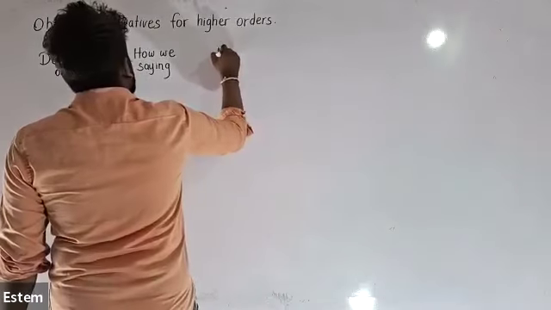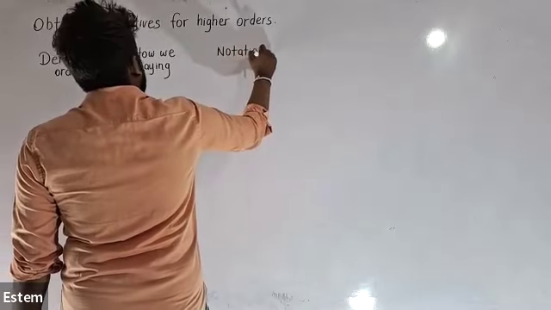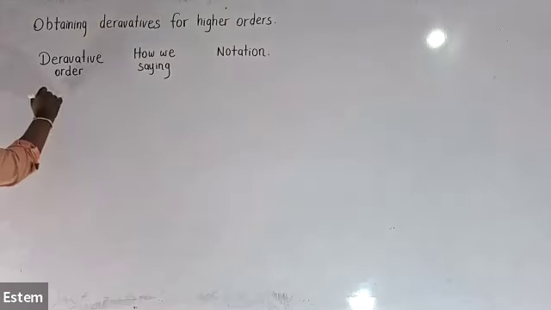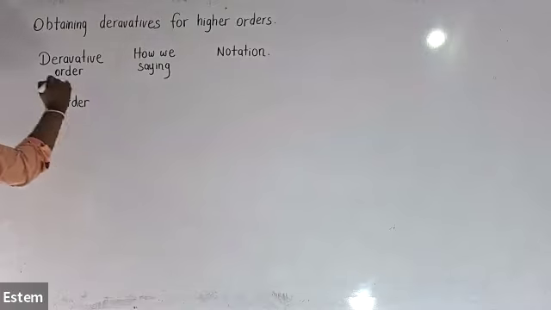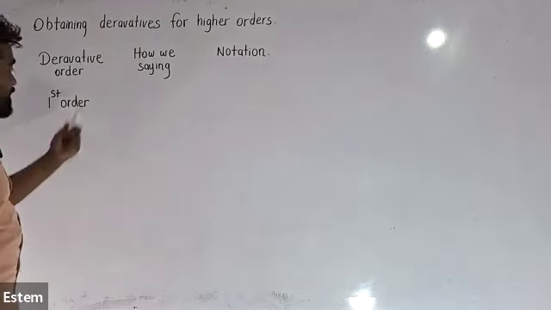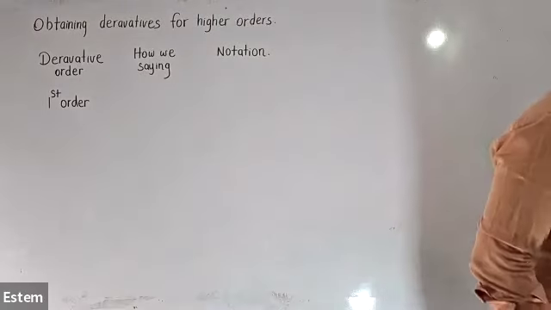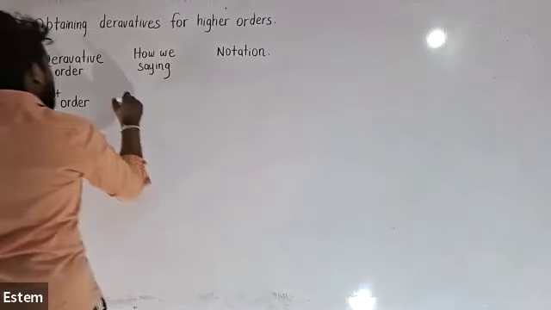Then the other column is notation. Now the order is first order. How do we say that?